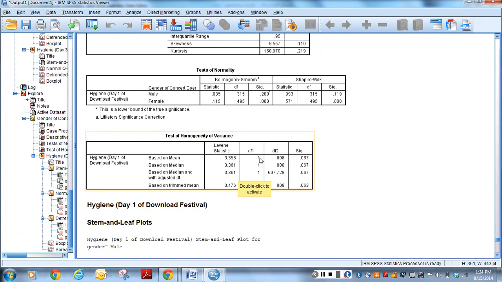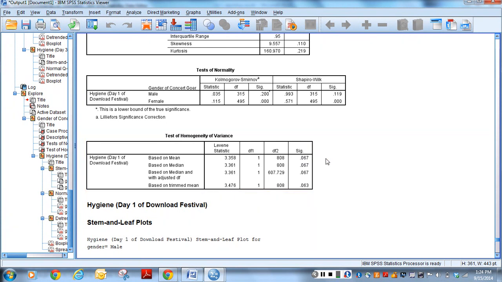Our degrees of freedom is going to be n minus 1 because there's 2 groups, so that would be 2 minus 1. And then here is our sample size for each of those groups. And this tells me if the variance is significant or not. Because this is greater than 0.05, it is non-significant, which means that there are no significant differences between the variances of my 2 groups.